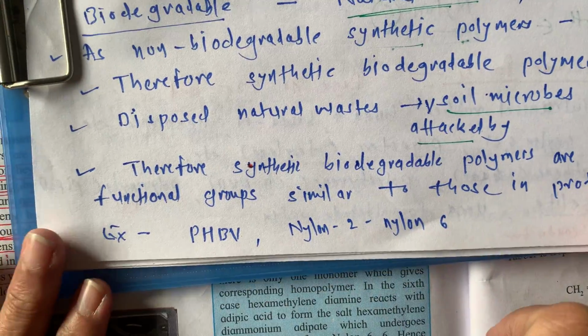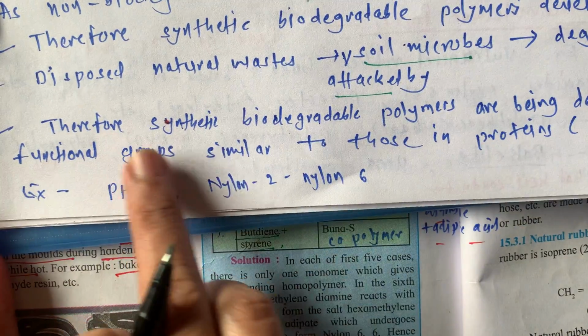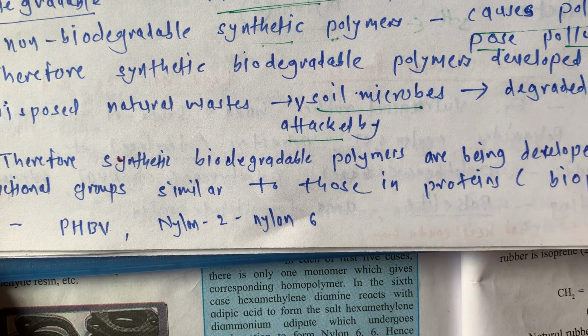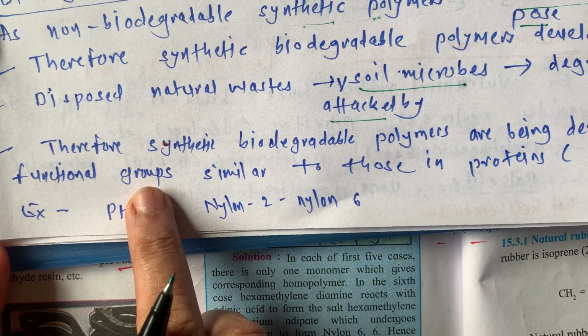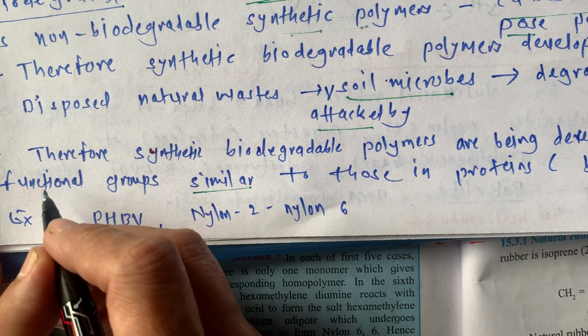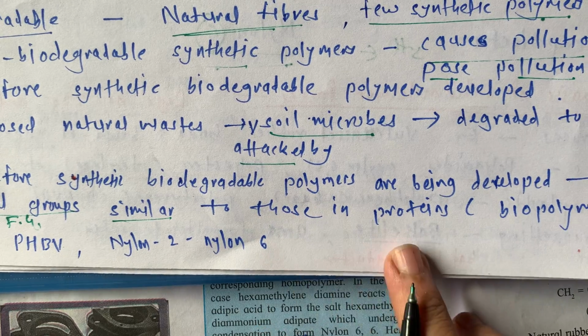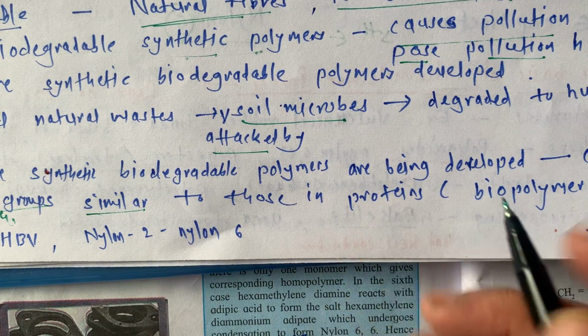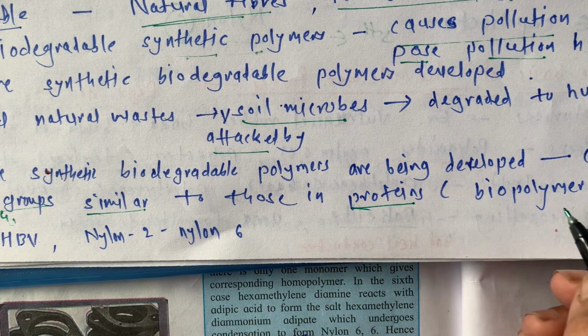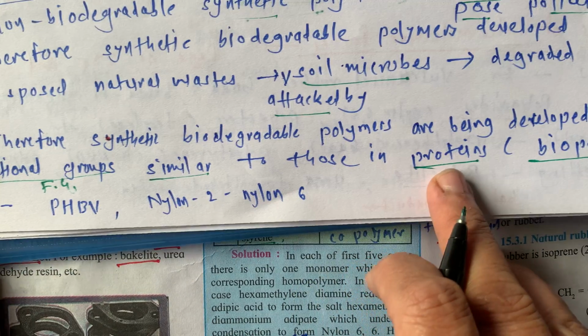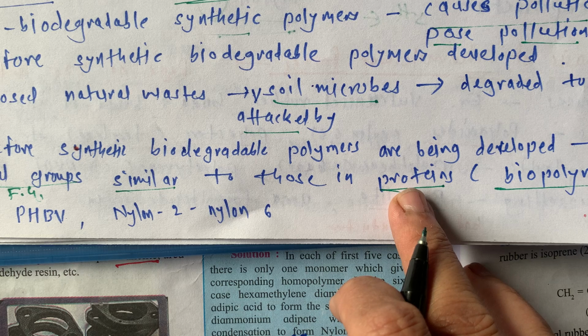Now, the synthetic biodegradable polymers developed contain functional groups similar to those in proteins, that is, our biopolymers. Tell me which functional groups are present in proteins?